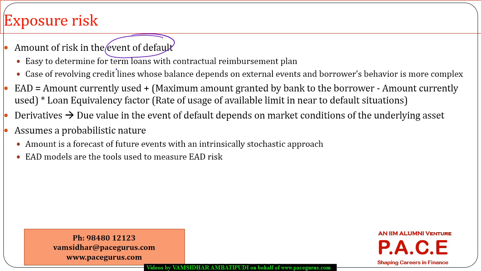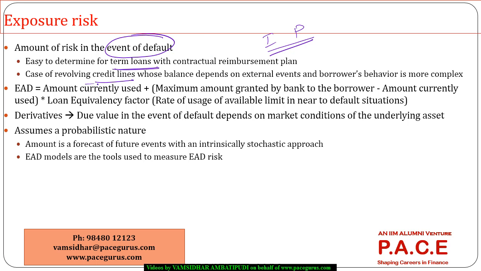When we are talking about instruments like term loans, where we know how much one party has to pay to the other, which is a fixed amount, where we have the whole reimbursement plan for both the interest as well as principal fully planned out, fully mentioned as a part of the contract how much to be paid at what point in time, finding out the exposure, the amount that is at risk, is a very straightforward process.